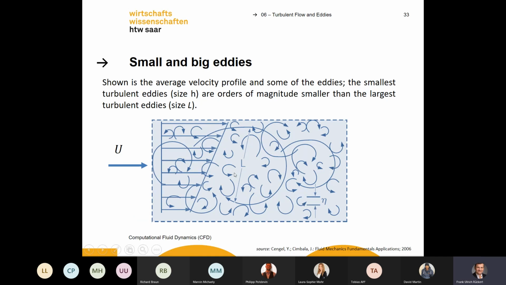You can imagine if you make a mesh, you have to describe this. You can easily describe the big swirls, you can just solve momentum equations. But if the swirls get smaller than your mesh size, you cannot really describe them anymore with a momentum balance. You will have difficulties to describe it.